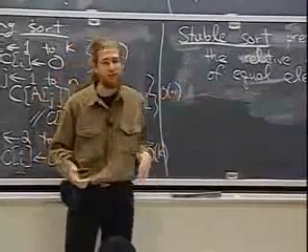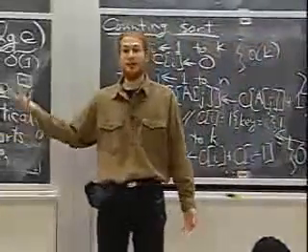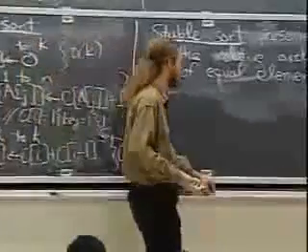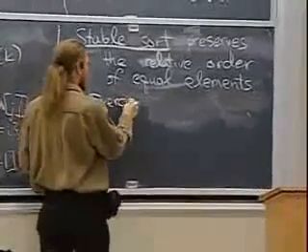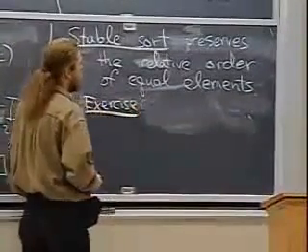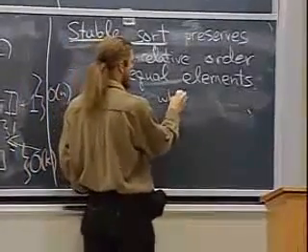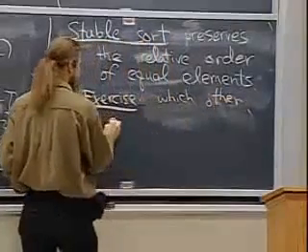This may seem like a relatively simple thing, but if you look at the other 4 sorting algorithms we've seen, not all of them are stable. So this is an exercise. Figure out which other sorting algorithms that we've seen are stable and which aren't.